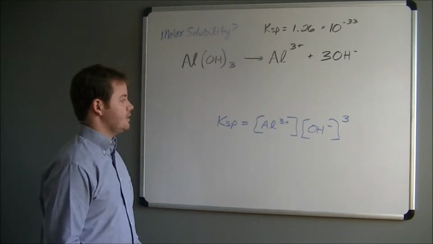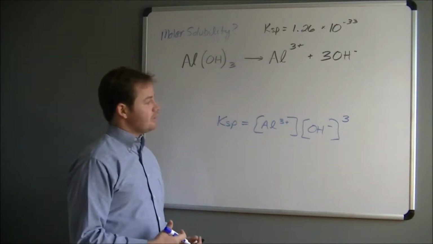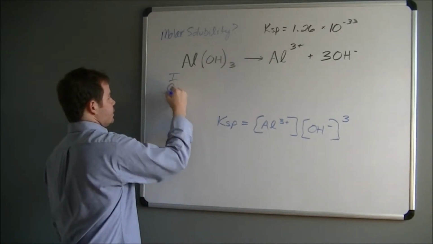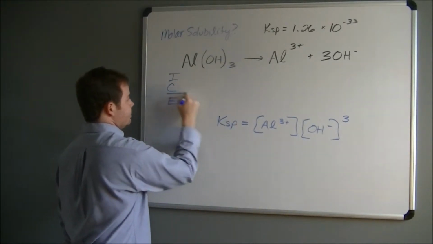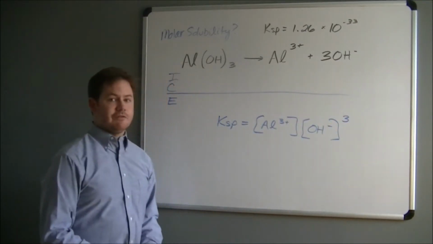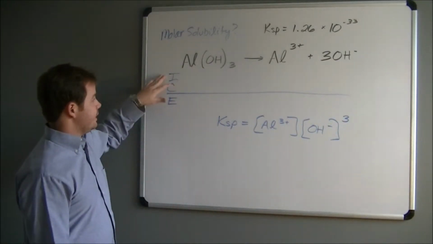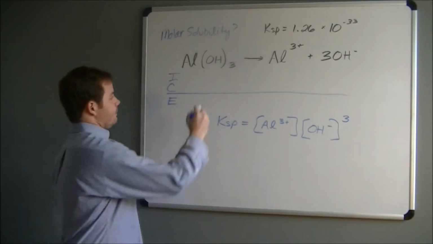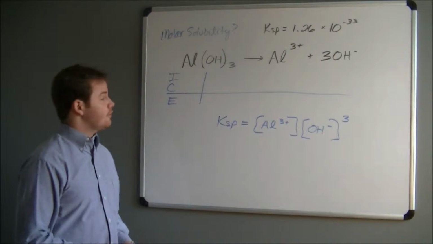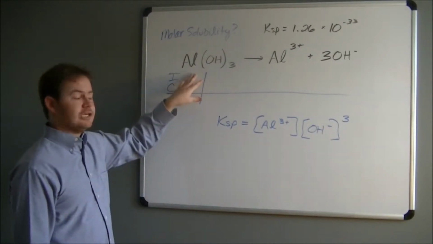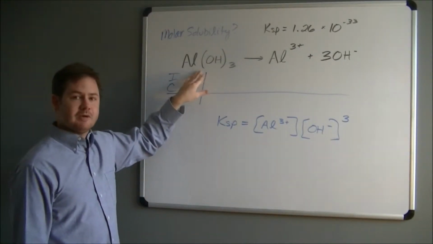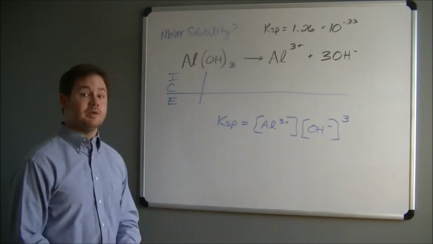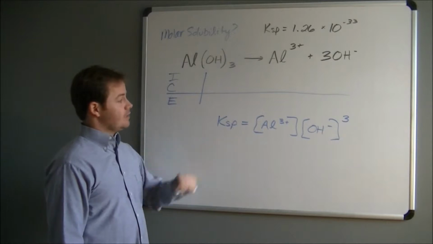Now that we have that KSP expression, we need to try to plug in some values and solve. So if you're used to making an ICE chart from your equilibrium problems, which is covered by a lot of chemistry teachers, ICE stands for initial, change, and equilibrium. So you can still use an ICE chart for a KSP expression, and here we're not concerned about any of the values for aluminum hydroxide itself, because remember, it's a solid, and if we look, we don't see the aluminum hydroxide as part of our KSP expression.